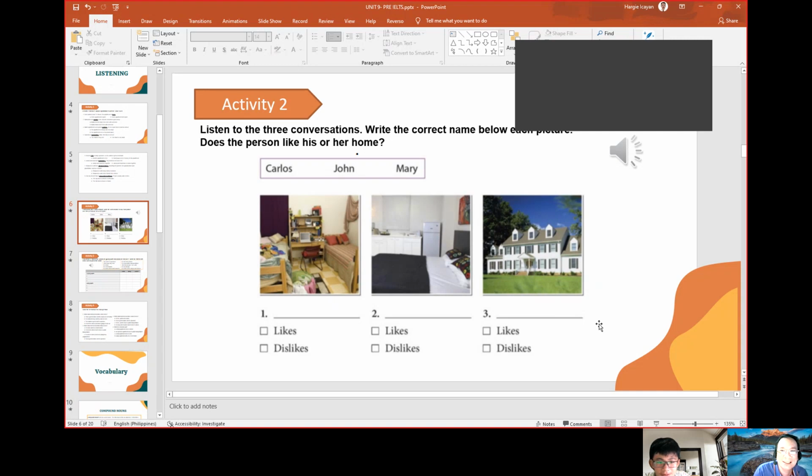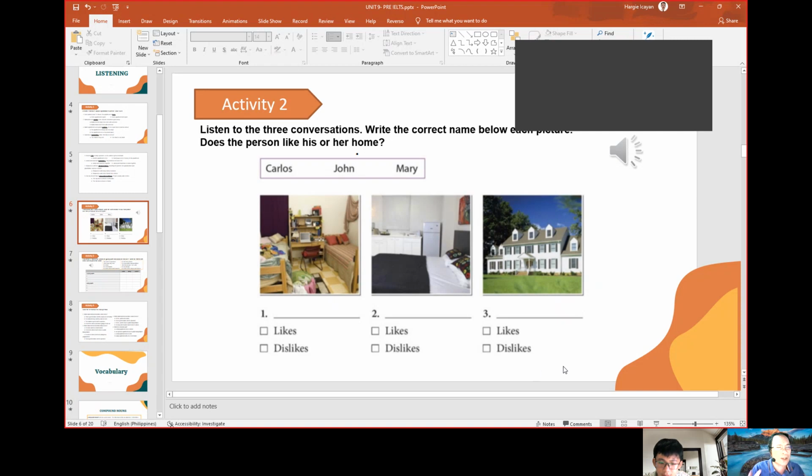I don't remember clearly, but I think he liked it because he lives with his family. That's why he liked that one. But of course, he dislikes it because sometimes it's noisy, right? Because there are a lot of children living in this particular house.